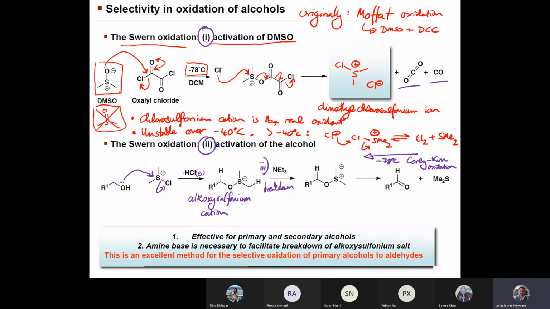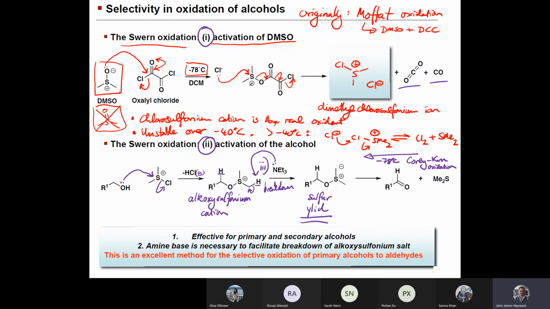Okay, so triethylamine is a base and it has 2 possible protons that it could deprotonate. This one here, which would give you the oxidation, and this one here. Now, the most acidic one is going to be the one that's closest to the cation here. So our lone pair on the triethylamine deprotonates this H and generates an anion next to the sulfur. And this then is a sulfur ylide.